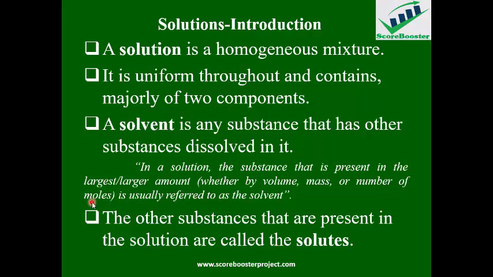One of the components is the solvent, the other one is the solute. The solvent is that substance that has the other substance dissolved in it. When you dissolve substance A in substance B, substance B is the solvent, and the other one being dissolved, that is substance A in our example, is the solute.